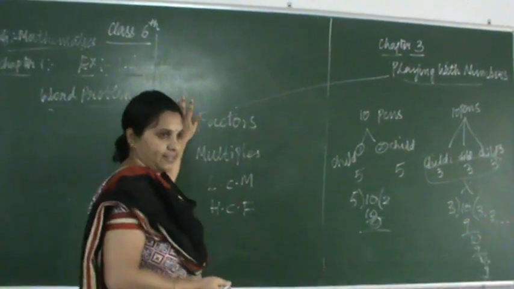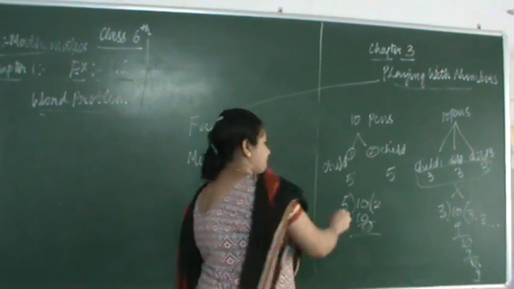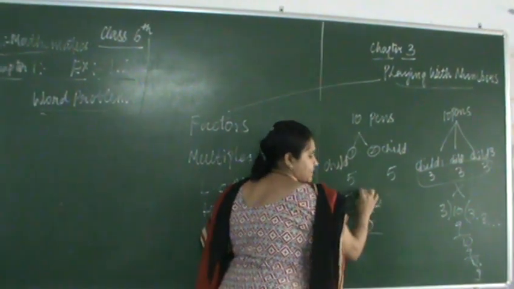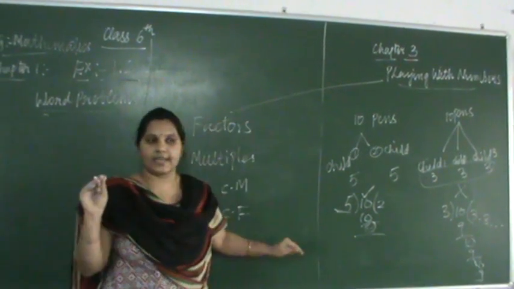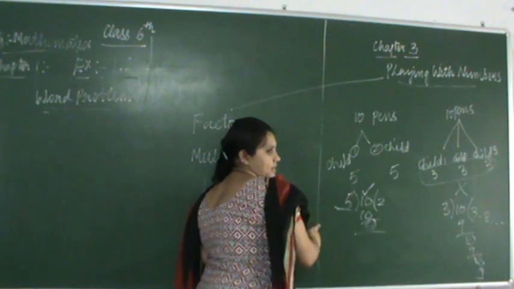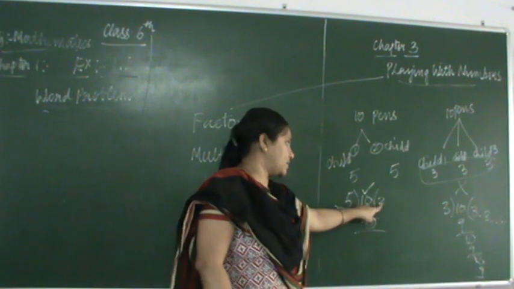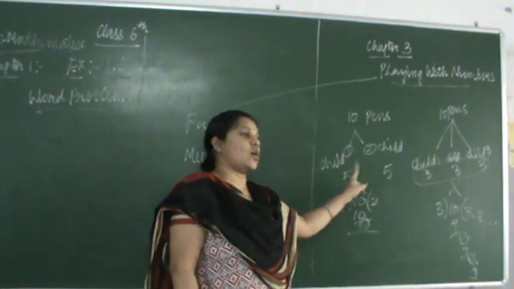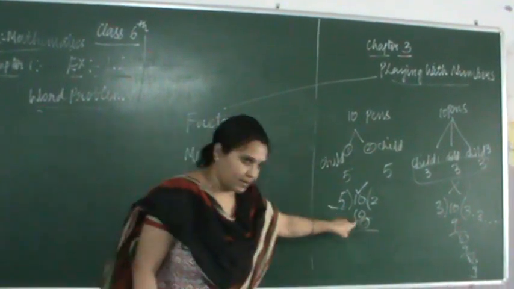Now, what is a factor? A factor is nothing but: if a number exactly divides another number, it is called a factor of that number. Remember, children, if a number exactly divides another number, then it is called a factor of that number. That is, 5 is a factor of 10.